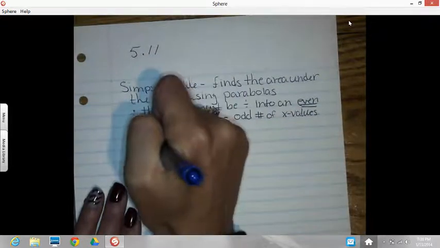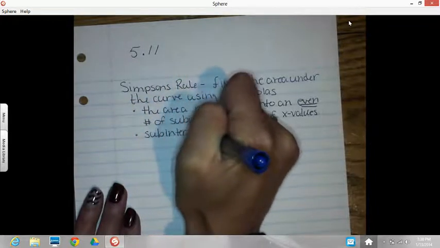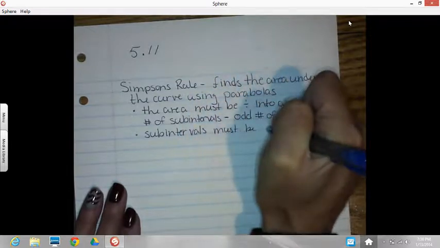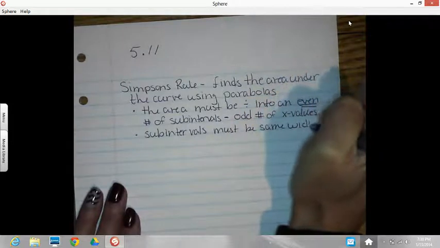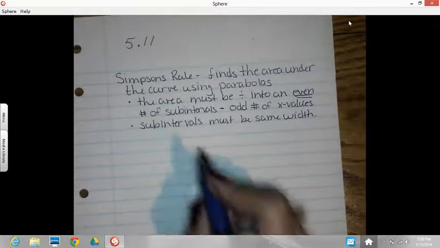So subintervals must be the same width. Say we've got a function.